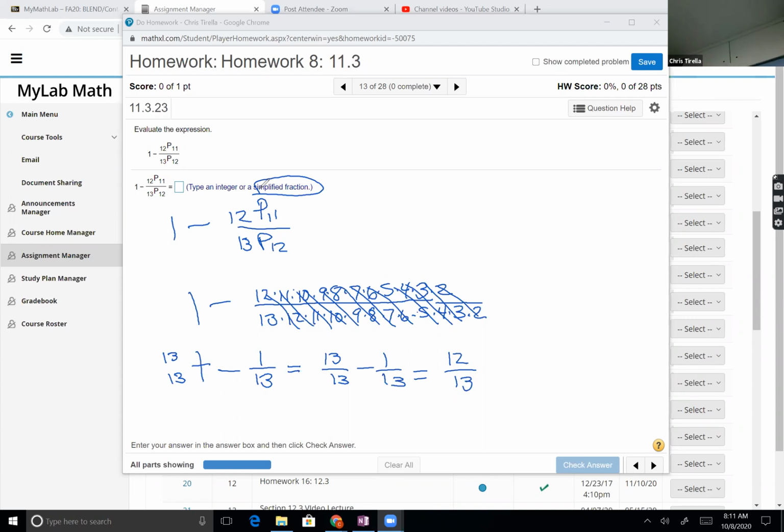I'm going to take 12 divided by 13, and I get 0.923076923. I'm going to press my calculator second, FD, and the calculator will take that decimal and turn it into a fraction for you.